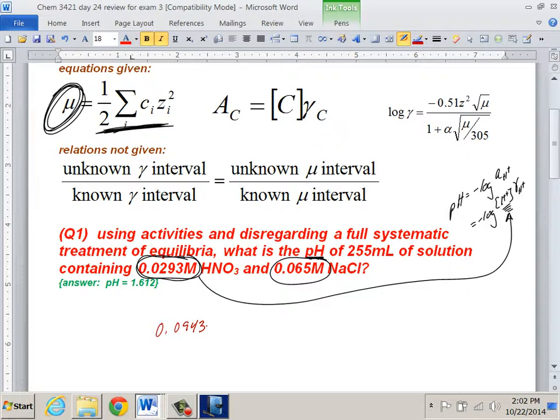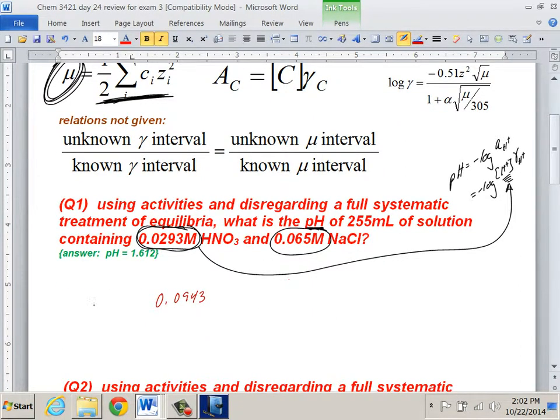And I like to guess first. I think it's healthy to guess because it's really easy to screw up on this. Write the point immediately below and above the ionic strength. I would just write a little guess on the side. We need a table.